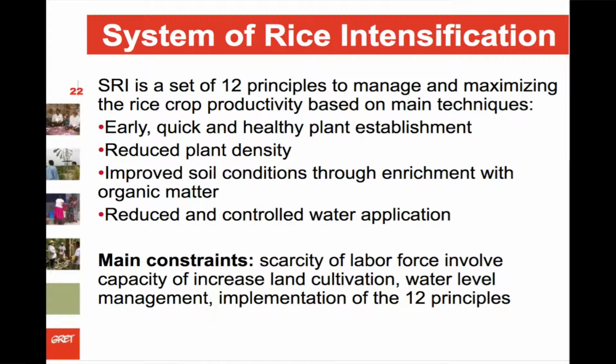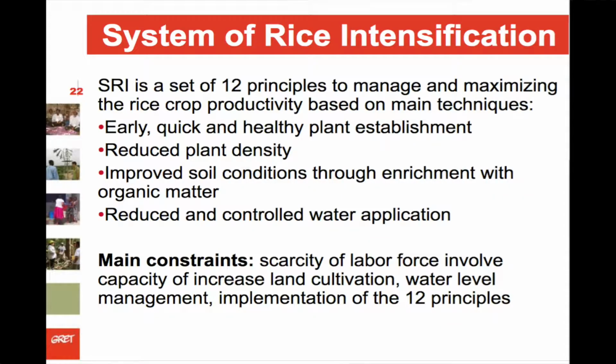There are 12 principles in SRI that manage and maximize rice crop productivity, based on main techniques like early, quick, and healthy plant establishment, reduced plant density, improved soil conditions through enrichment with organic matter, and reduced and controlled water application. These are the 4 main techniques under the 12 principles.